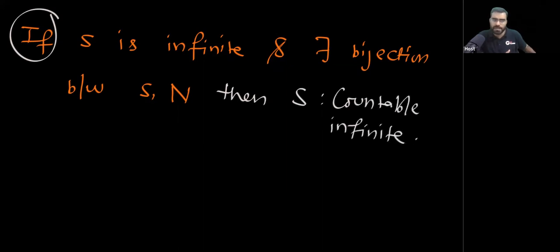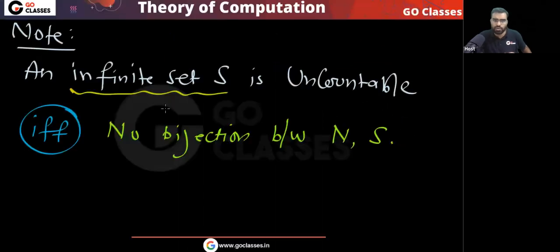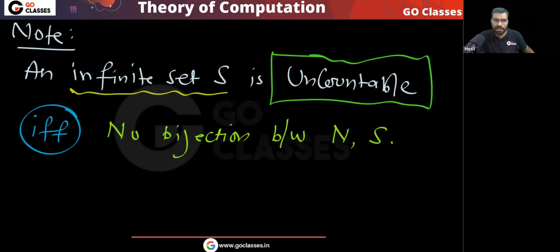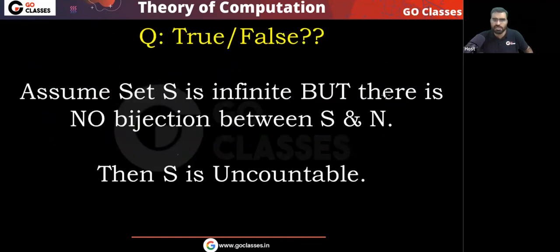So what is the definition of uncountable? An infinite set is uncountable if and only if there is no bijection between N and S. This is the definition. So tell me, is this statement true or false?